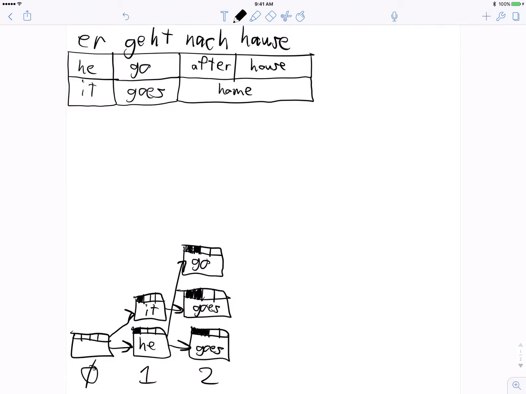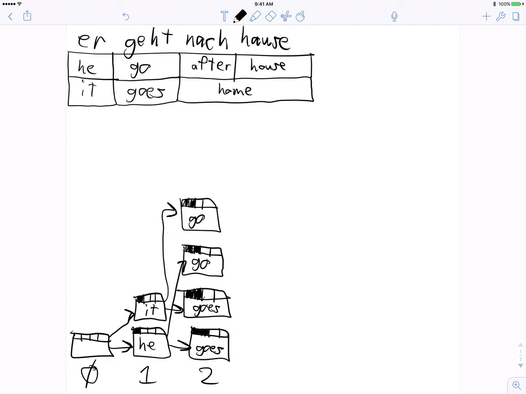We also could have extended the translation of it by translating gate as go. So, 4 possible ways of getting to this point in stack 2. All right.